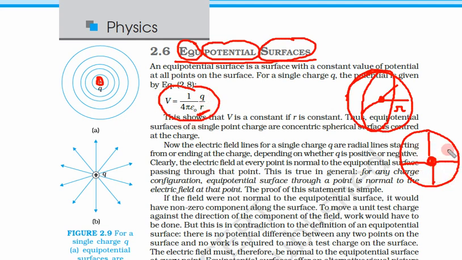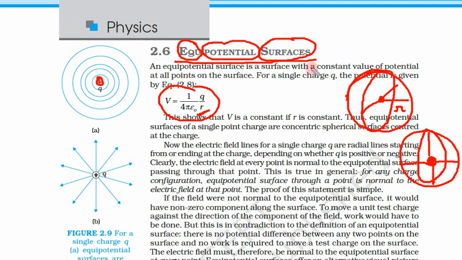Since r is same everywhere, hence potential is also same everywhere on the periphery of this circle. So this circle is an equipotential surface for a charge. But again, since this is not 2D, this is 3D, we will not use the word circle. This would be a sphere.